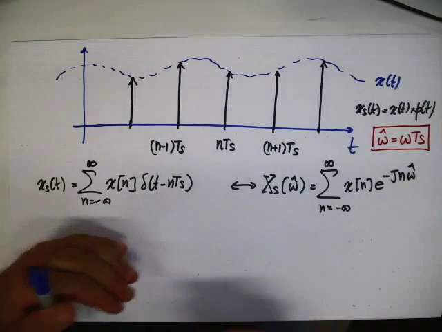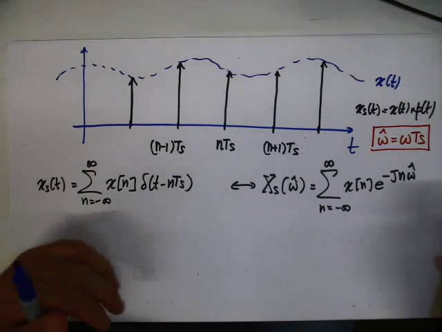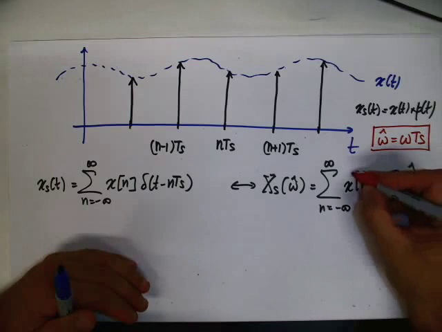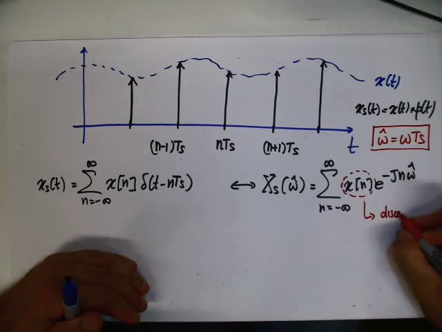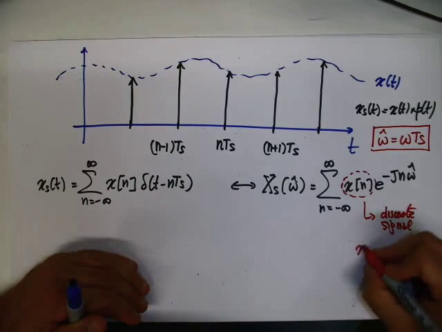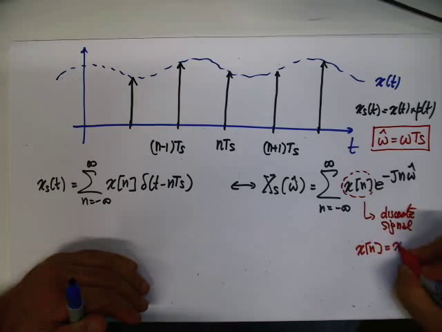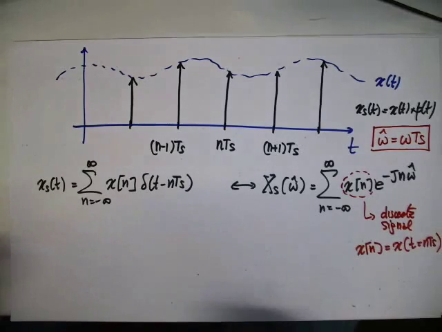We have defined the cyclic frequency. And this quantity here is the discrete signal, and x[n] is equal to the continuous signal sampled at nTs.